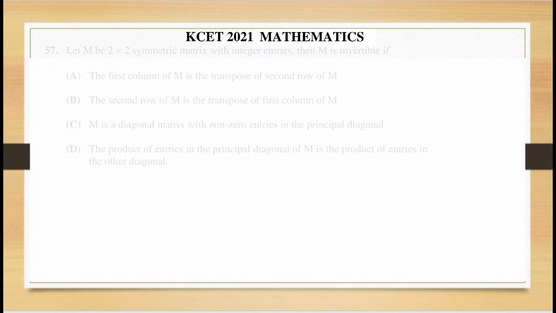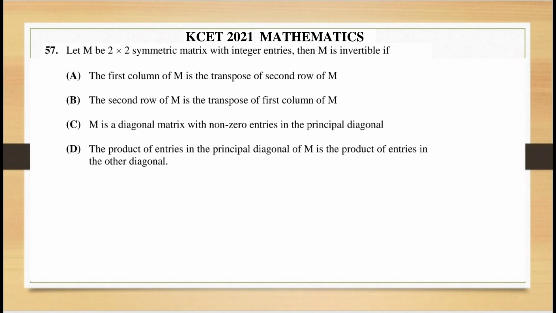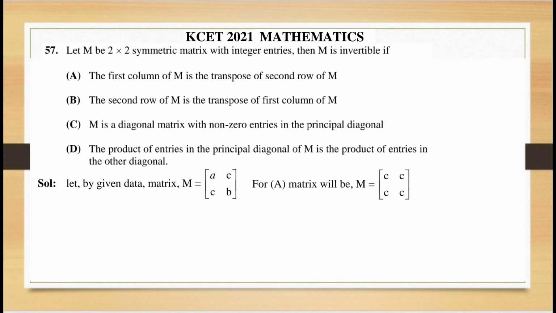57th question is, let M be a 2 cross 2 symmetric matrix with integer entries, then M is invertible if. Now, by the given data, M equals [a c; c b] because it is a symmetric matrix. So for option A, the matrix will be M equals [c c; c c], because from option A, the first column of M is the transpose of the second row, and it is symmetric also.